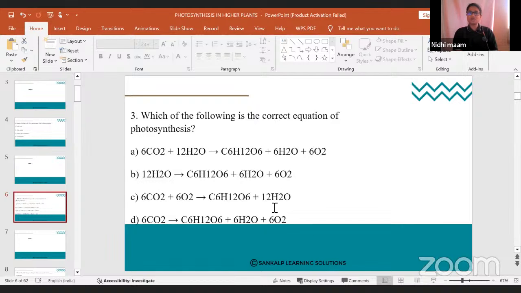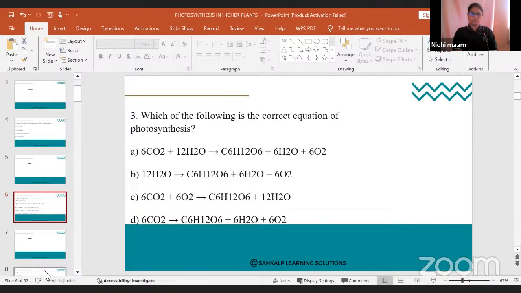So oxygen is not balanced here. Then when you see the hydrogen, hydrogen is 14, right? So here we don't have hydrogen or water. What is the photosynthesis process? It is the reaction between carbon dioxide and water. But in option C, they showed carbon dioxide and oxygen. So how can C be an option? It is not at all related to photosynthesis. So the right answer is option A.